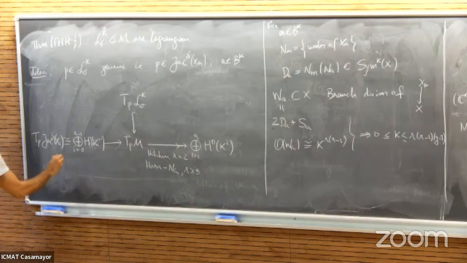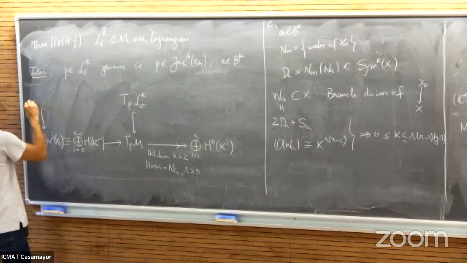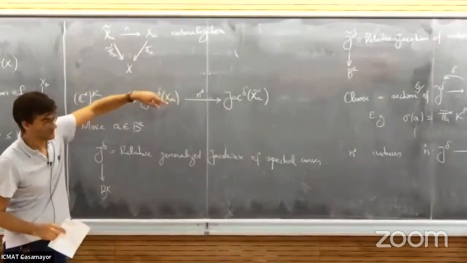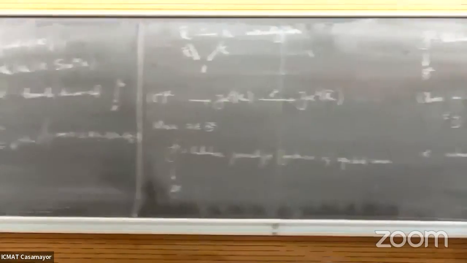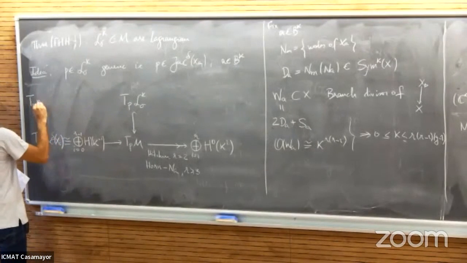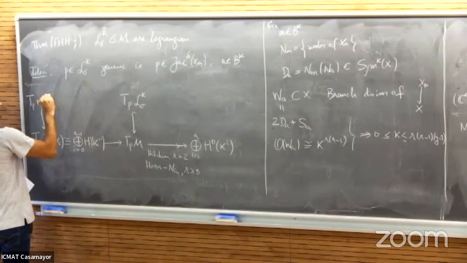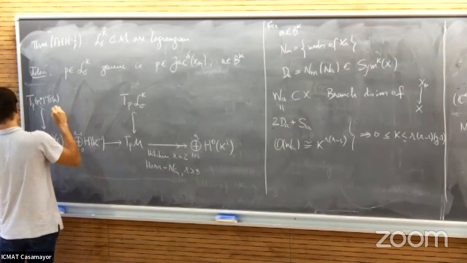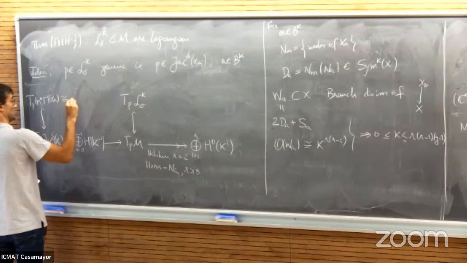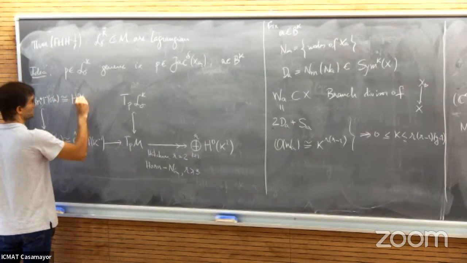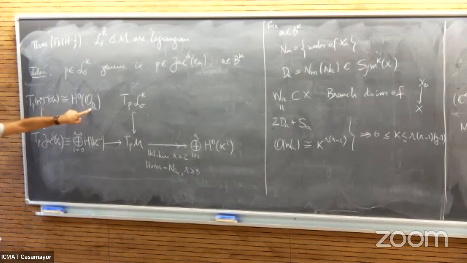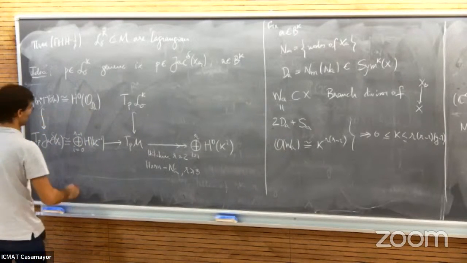And here I want the tangent space at the point P not of the entire generalized Jacobian, but only of this fiber, and this is N star inverse of sigma of A. It turns out that this is isomorphic to H0 of this skyscraper sheaf over the divisor which measures the singularities.